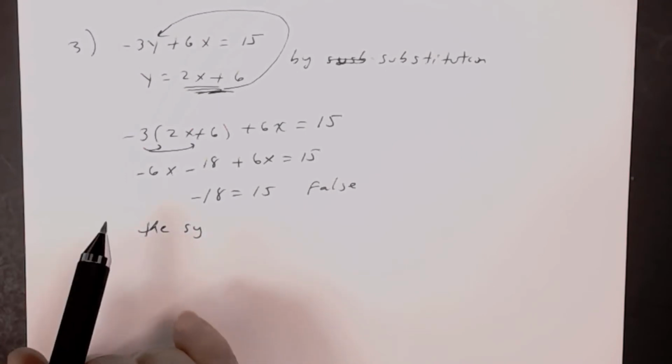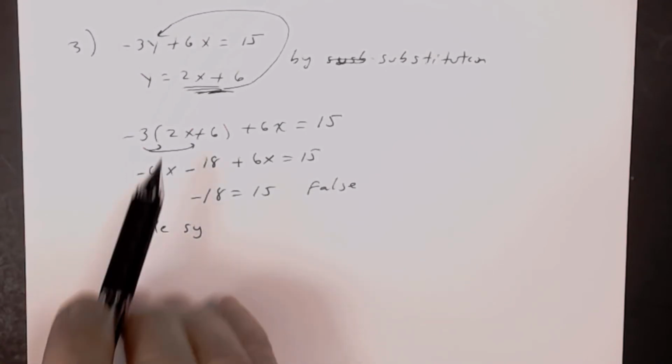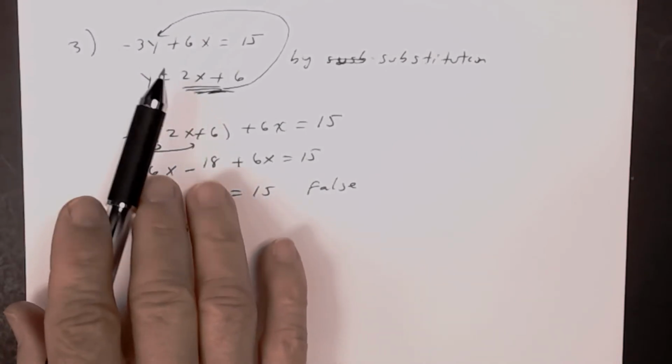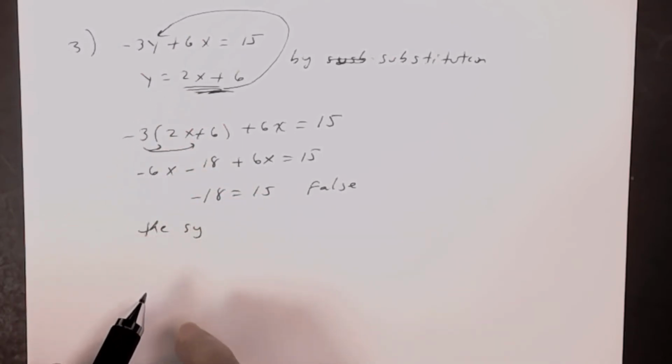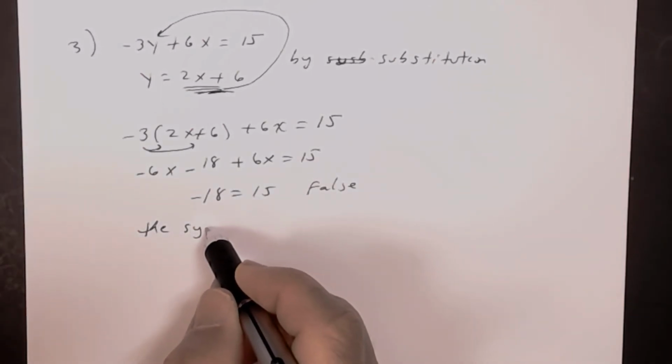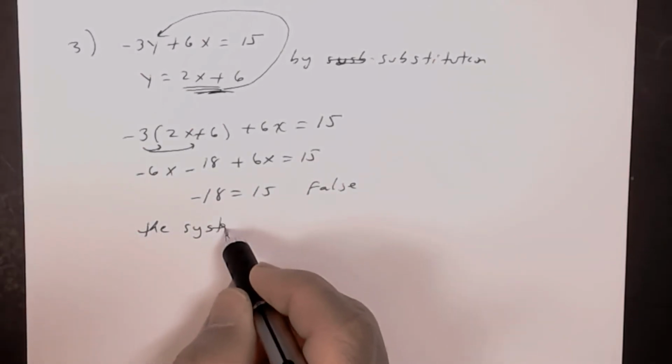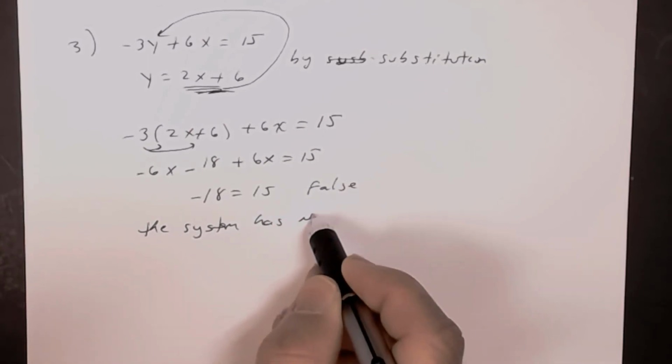In fact, if you go back to previous lessons and graph this, those lines would be parallel, and they would not overlap. So the system has no solution.